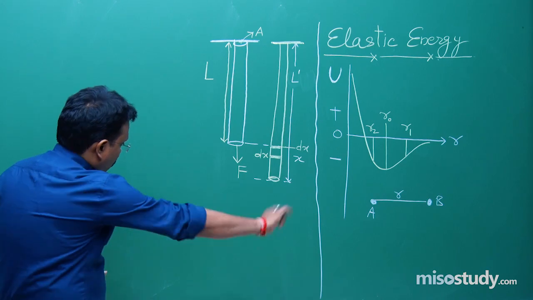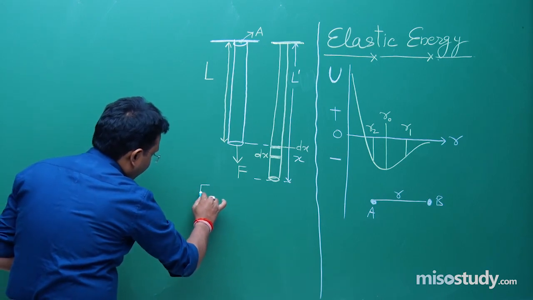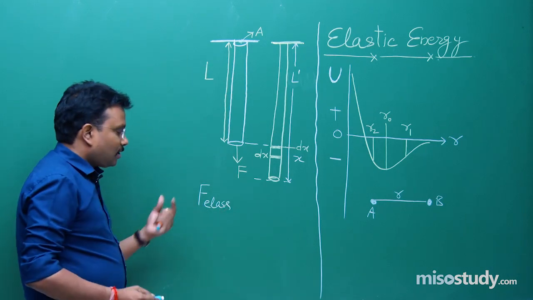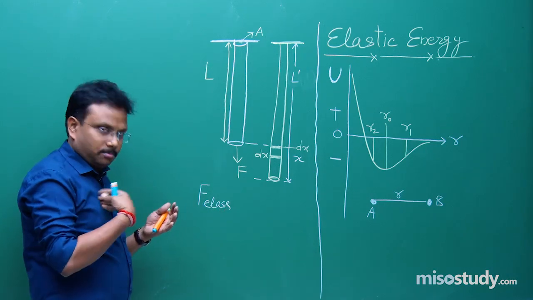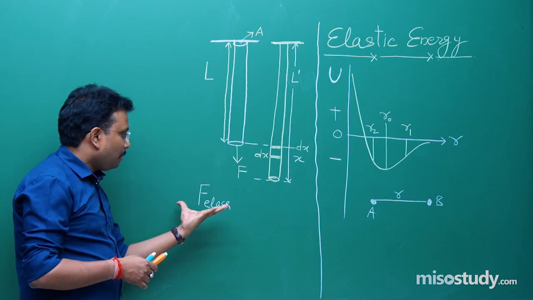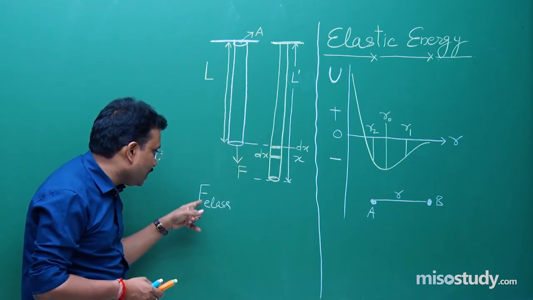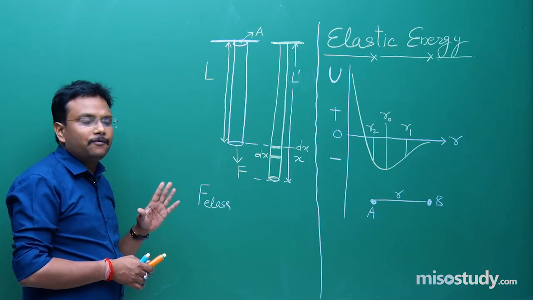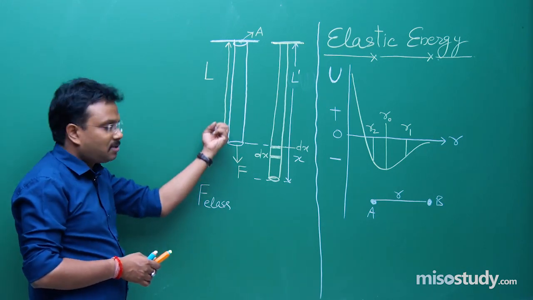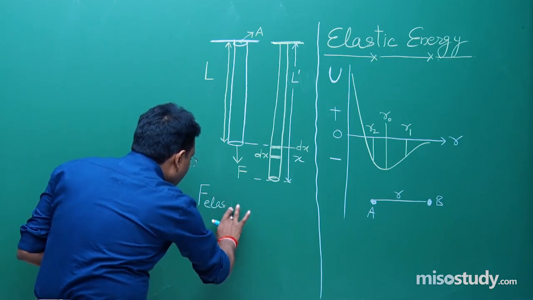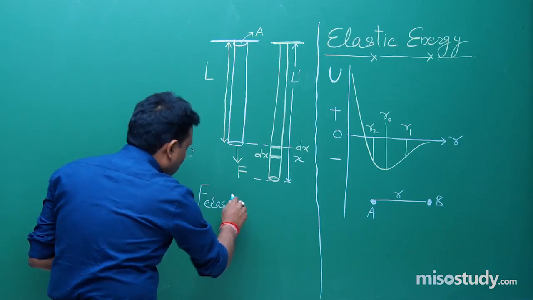Fine. So F elastic. Basically I was about to write F external because I am applying it, but in terms of this entire setup, if I write F elastic then you will not be confused, because elastic means from Young's modulus. So F elastic is equal to what?